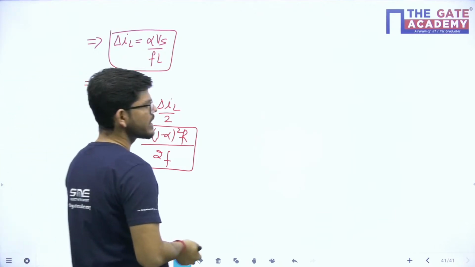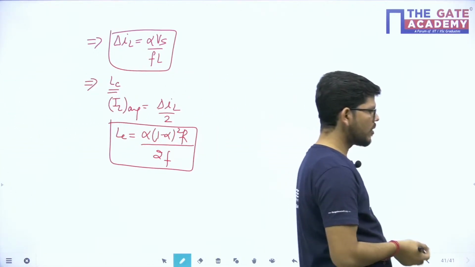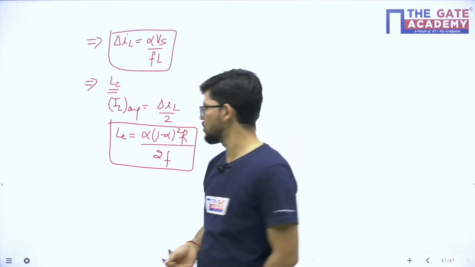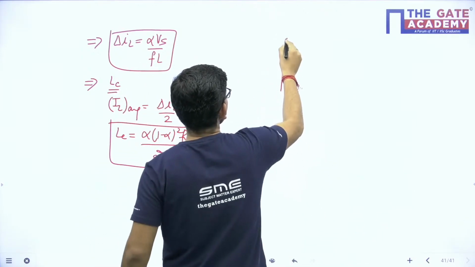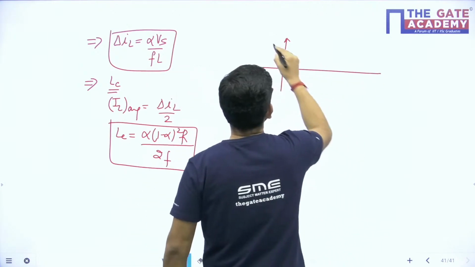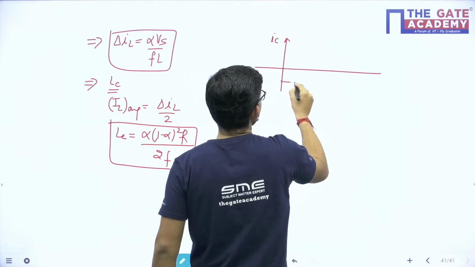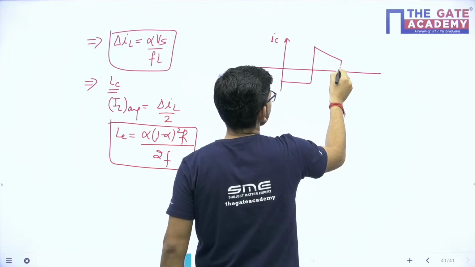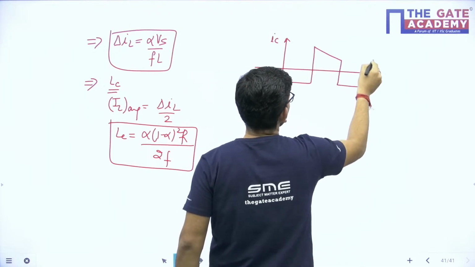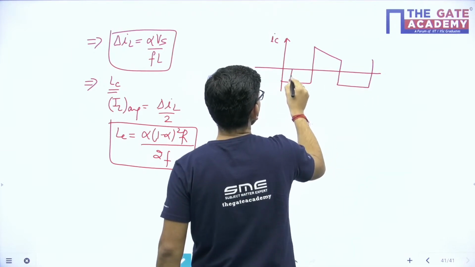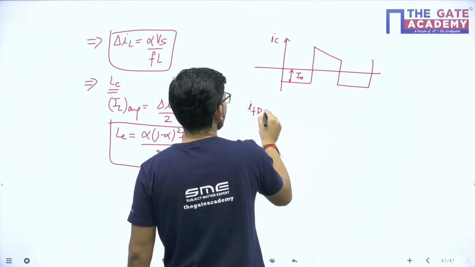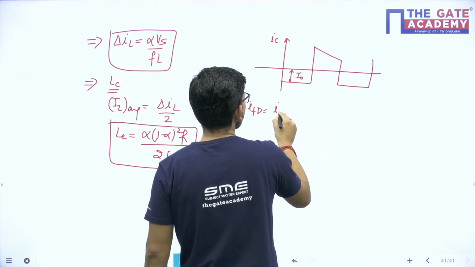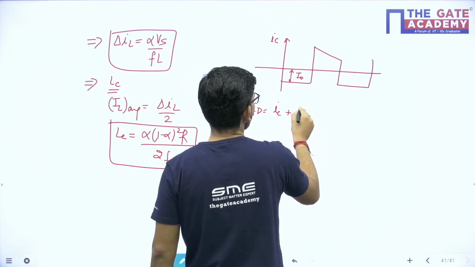After critical inductance, you will calculate the value of critical capacitance. Okay. So what will be my capacitor current in this case? My capacitor current will be something like this. Now how do I get this particular thing? See, the freewheeling diode current is equal to IC plus I naught.